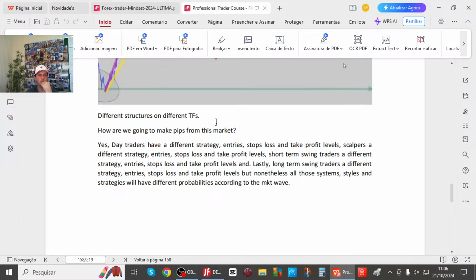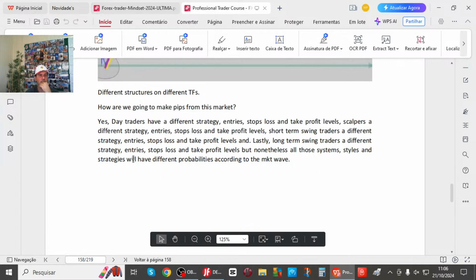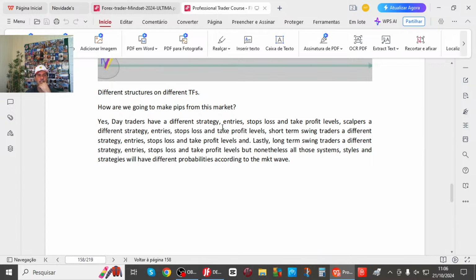How are you going to make pips from this market? Day traders have a different strategy, entry, stop loss and take profit levels. Scalpers, different strategy, entry, stop loss and take profit levels. Short-term swing traders, which is me, have a different strategy, entry, stop loss and take profit levels. And lastly, long-term swing traders, which is me, a different strategy, entry, stop loss and take profit levels. But nonetheless, all those system styles and strategies will have different probabilities according to the market wave.